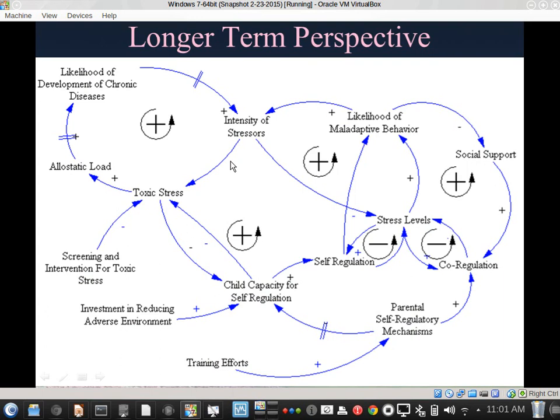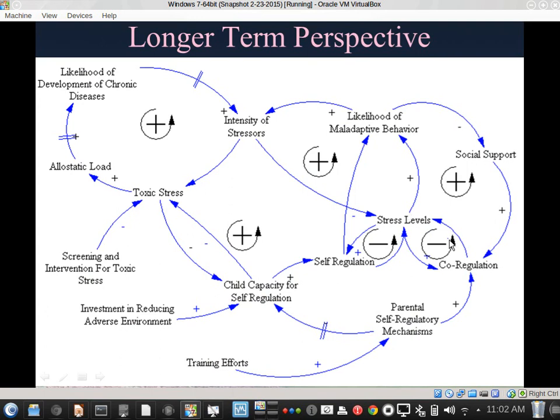We might further have factors associated with longer-term developments like buildup of toxic stress, allostatic load, which is associated with the wear and tear on the body due to buildup of stress, and development of chronic diseases, which add further to our stressors. It adds further to our burden every day, to the burden on the caregivers who are with us. And it can build up toxic stress that contributes to our stress levels.